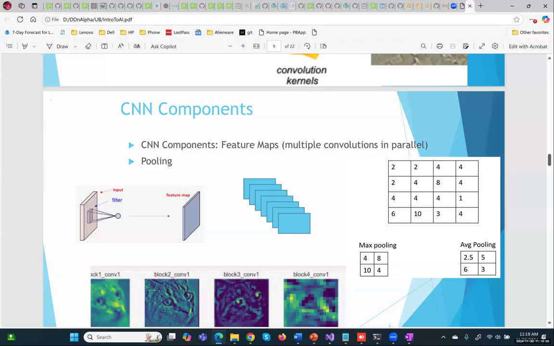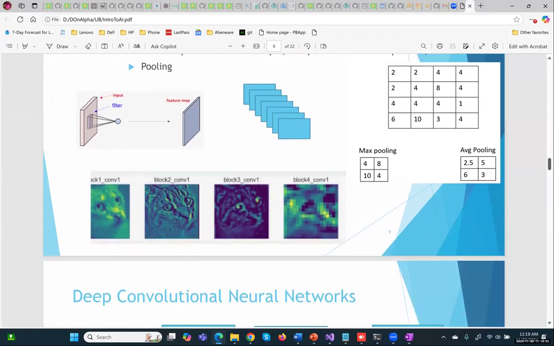Okay, so here's an example over here. Let's say we had a picture of a cat. If we apply one type of 2D convolution, you'll see the picture of the cat on the left is how it modified the image, right?